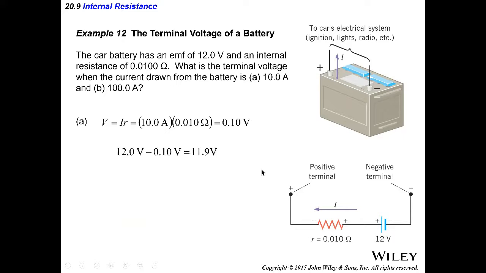And so they have an example where they calculate what the actual net voltage is that your battery supplies. It's not the full 10 volts or 12 volts, it is 11.9, because your internal resistance ate up this much of my voltage.